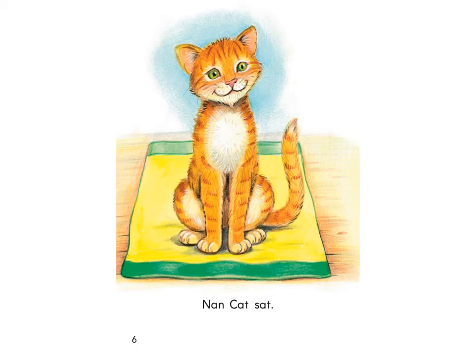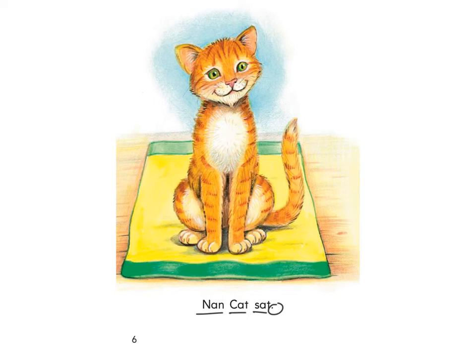What ones do you see? Nan, cat, sat, and yep, Camden saw the period at the end. All right, Nan, and then cat, and then sat.